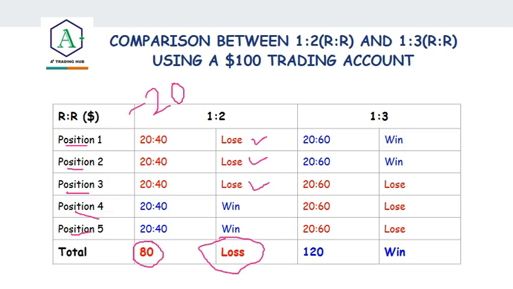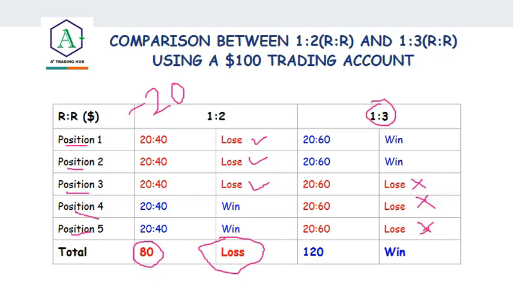But let's look at this other side. Let's say you risk $20 to earn $60. That is 1:3 risk to reward, and we took 5 positions. Then in the worst case scenario, you lost 3 trades and only 2 trades hit your take profits.